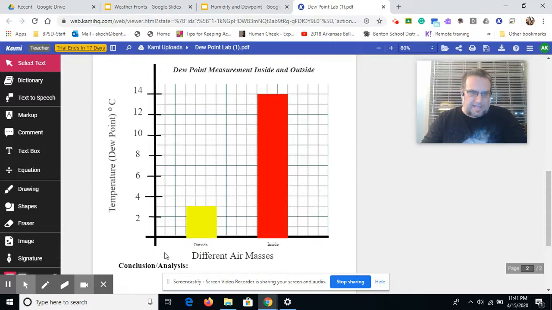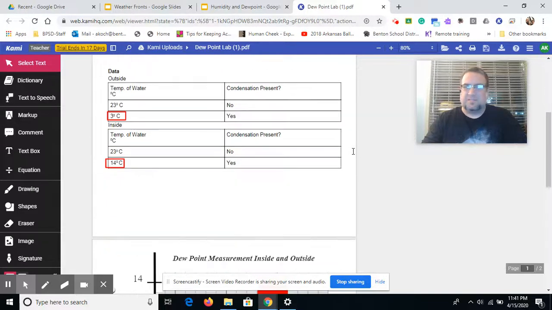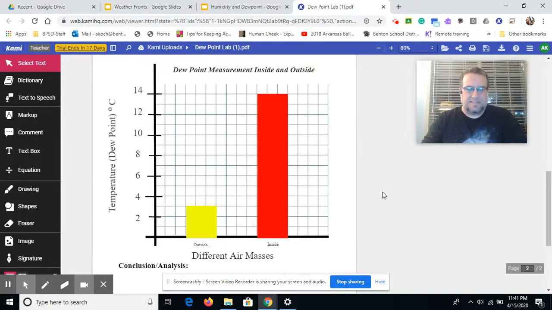And then our high is going to be 15 or 14, and we're going to go just above. That way our graph doesn't run to the top. All right, and then this is where we have our inside and outside. And this is our graph. It's the same exact information, just helps us to understand and see it a little better here as well.